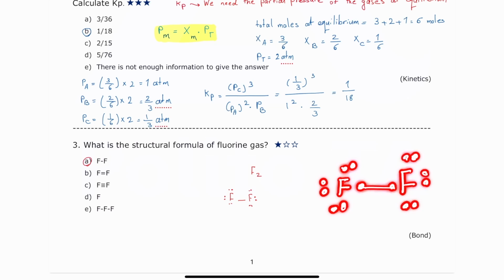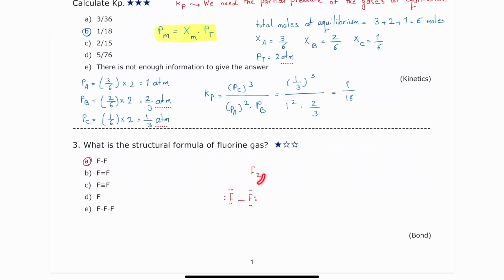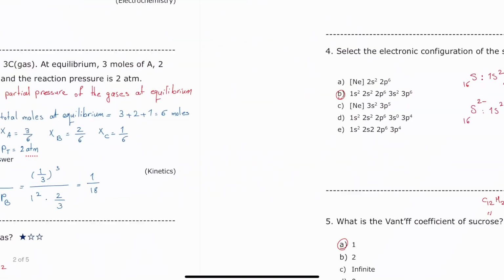So the covalent bond would be this one. This is the structural formula. And the same goes for all the elements in group 17, like F2 and Cl2 would look the same.